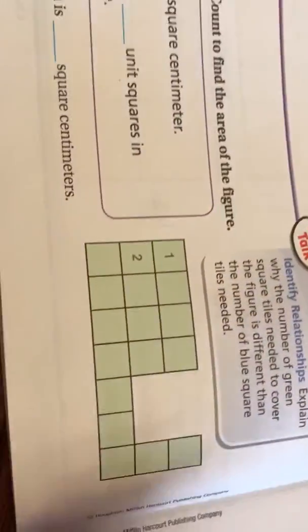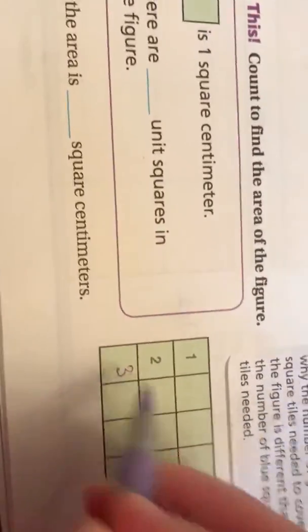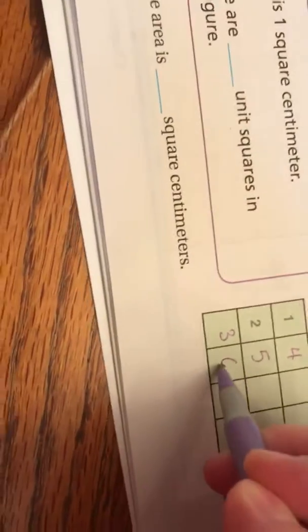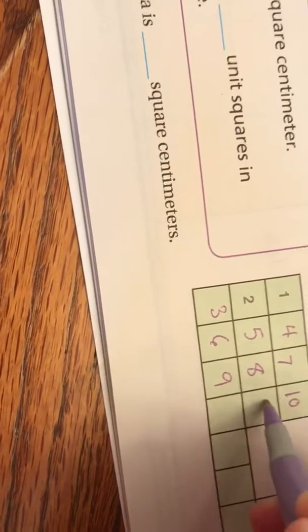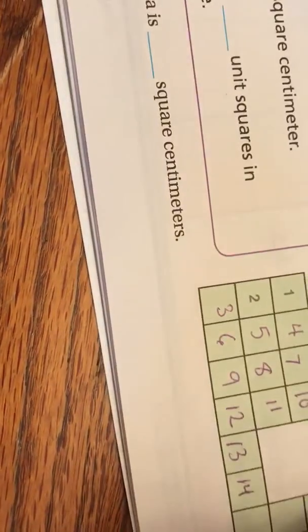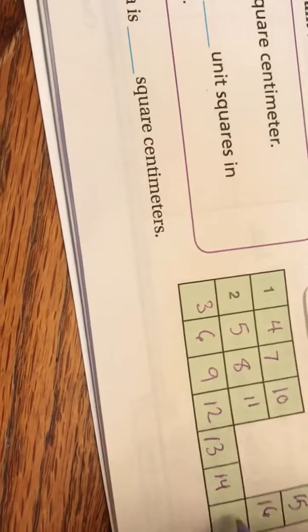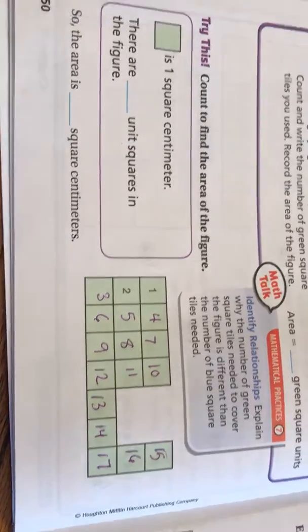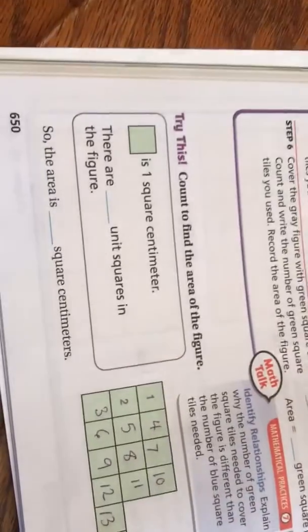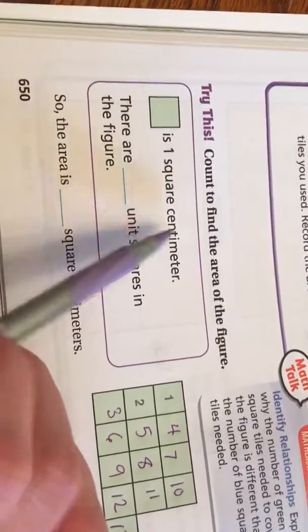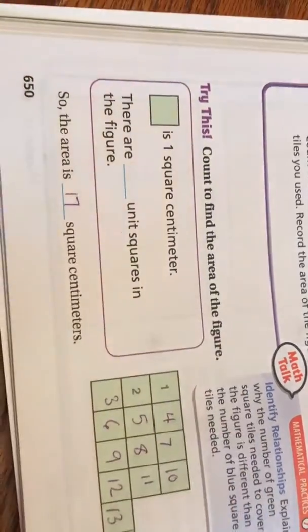So they have 1, 2, 3, 4, 5, 6, 7, 8, 9, 10, 11, 12, 13, 14, 15, 16, 17. So the area of that figure would be 17 square units. In this case we were measuring in centimeters, so it would be 17 square centimeters.